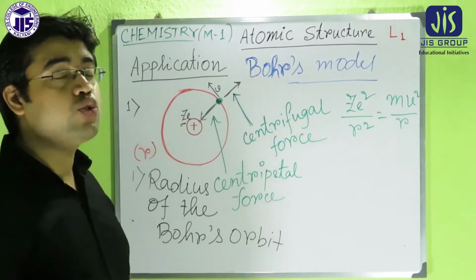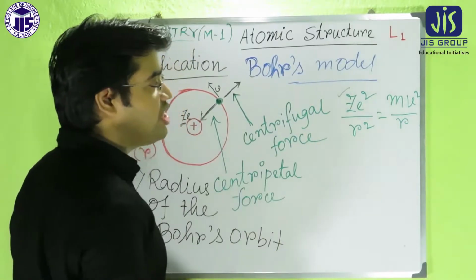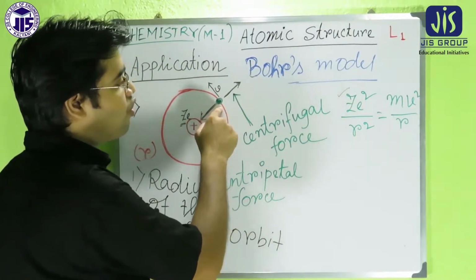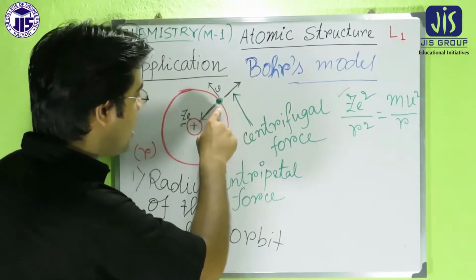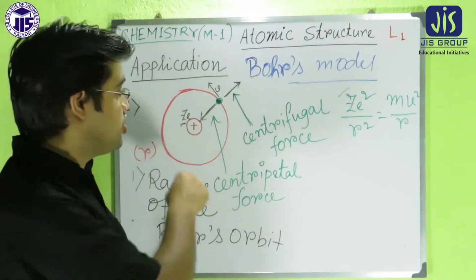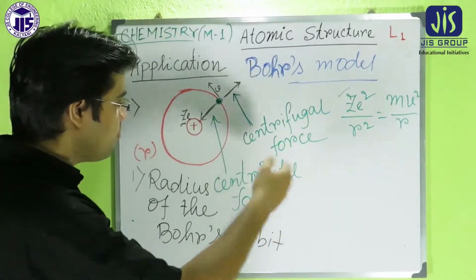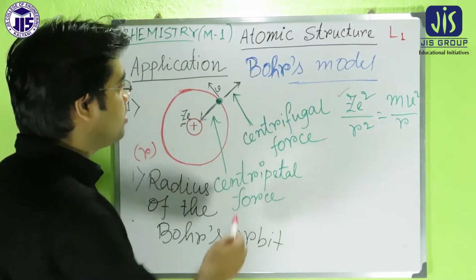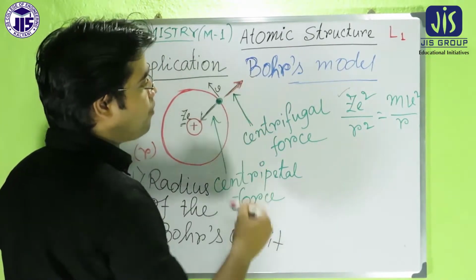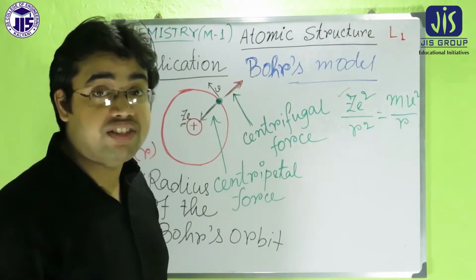So according to Coulomb's law, we can write Ze square, that means Ze into e, for the electron and the nucleus. So here it is e and here it is Ze. So Ze square by r square is Coulomb's law, and this is the centripetal force. In the outward direction, you know the centrifugal force is acting.